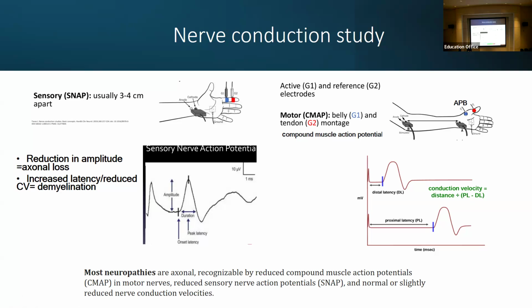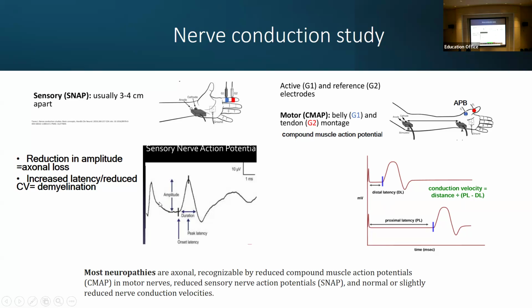From the nerve to the muscle, there are the neuromuscular junction and end plate in between, which will delay your transmission and slow the velocity. That's why we stimulate at two sites. We do simple math: the distance between the proximal and distal sites, divided by the difference of the proximal latency and distal latency, and you get the real velocity here.